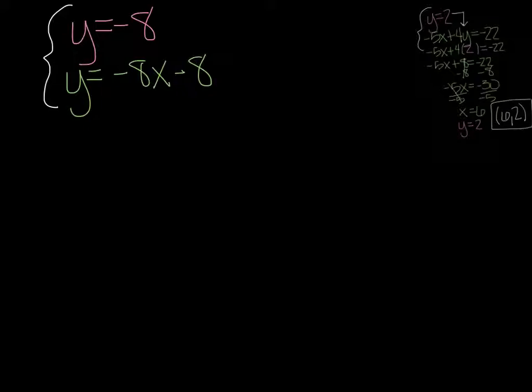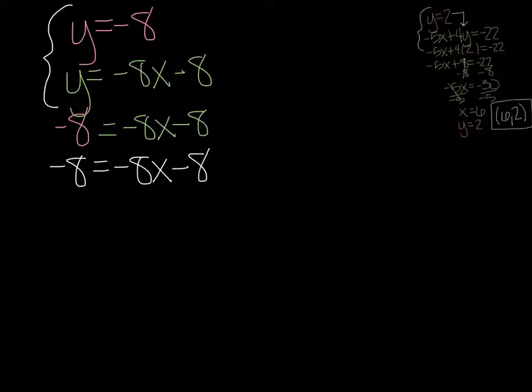So if I were to take my y equals negative 8x minus 8 and replace y with the value of y, then I would have negative 8 equals negative 8x minus 8. I'll add 8 to both sides.